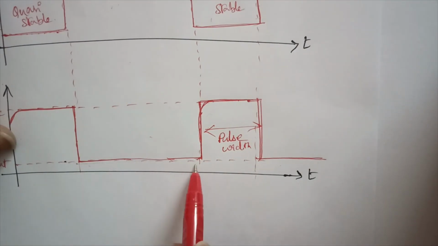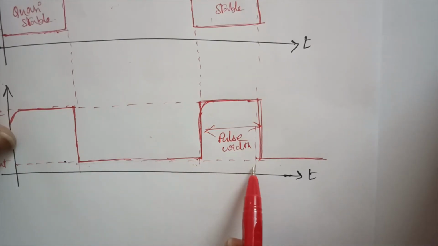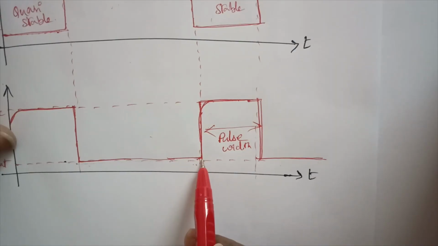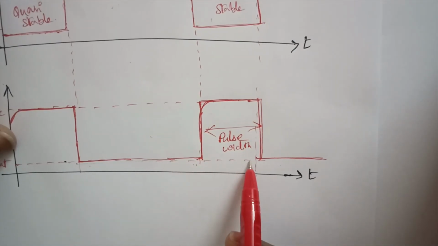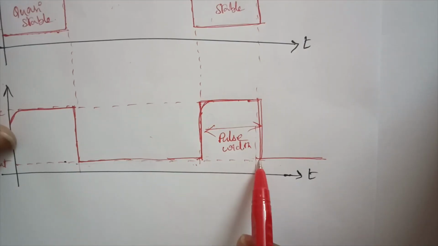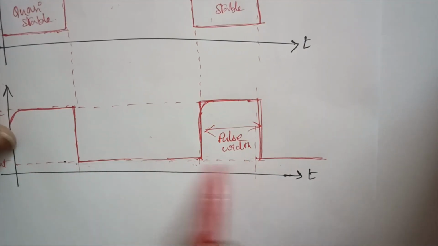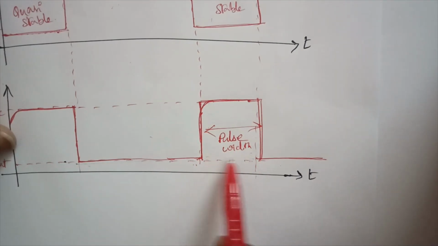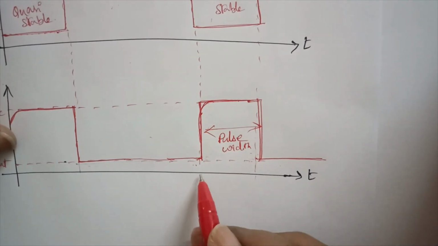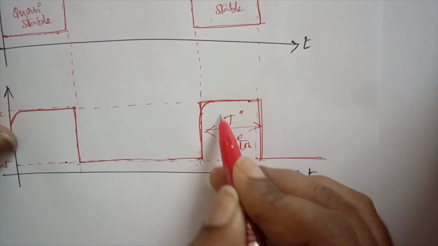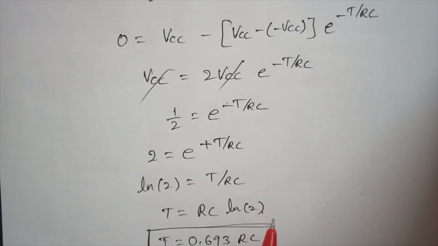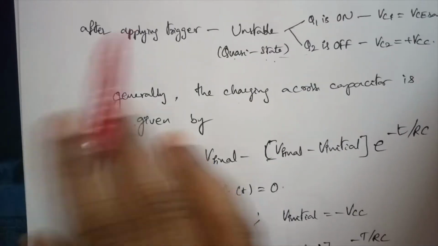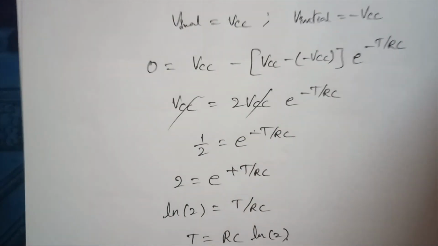For as long as we are not applying any trigger pulse, we are not getting anything. After applying the trigger pulse, depending on the RC value, we are getting some pulse. So we call this a pulse train, and here we define the pulse width. I am representing this pulse width with T. So instead of time period, here we call it the pulse width.